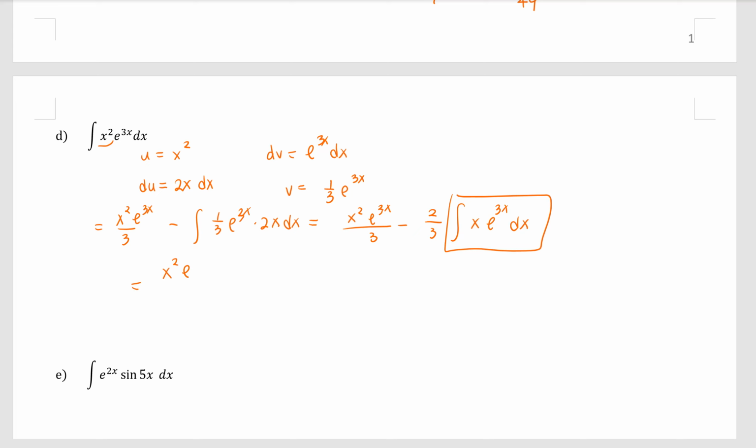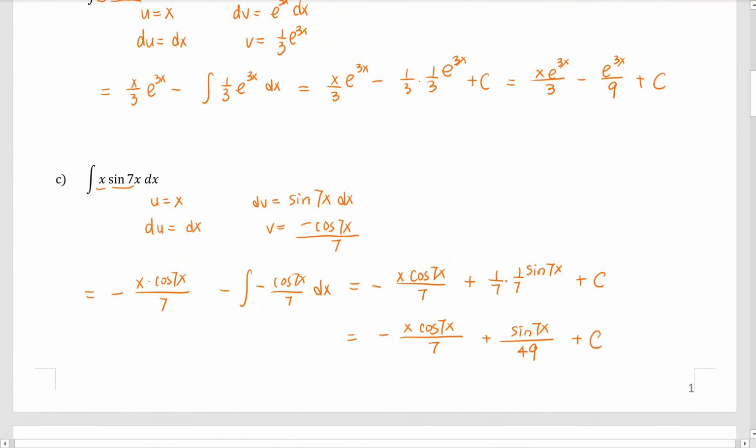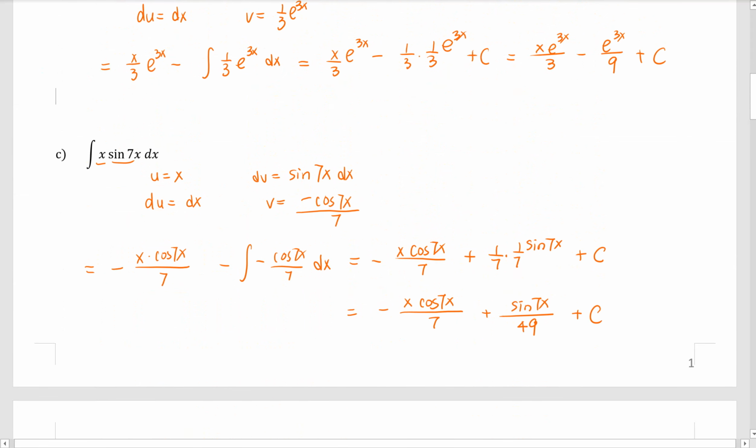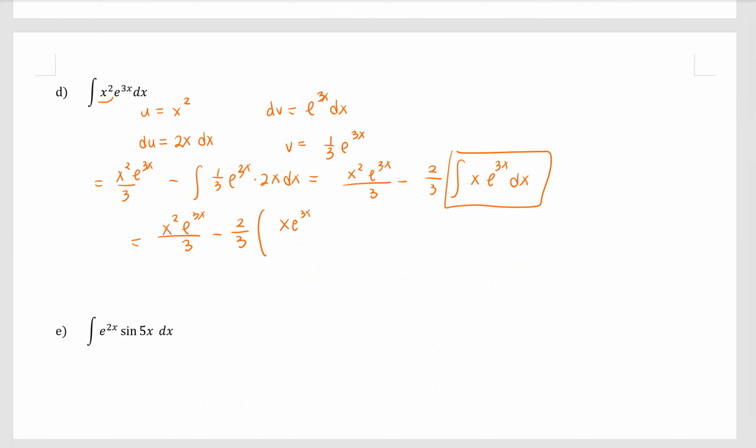So x squared e to the 3x over 3 minus 2 over 3 times the answer from part B, which is x e to the 3x over 3 minus e to the 3x over 9.